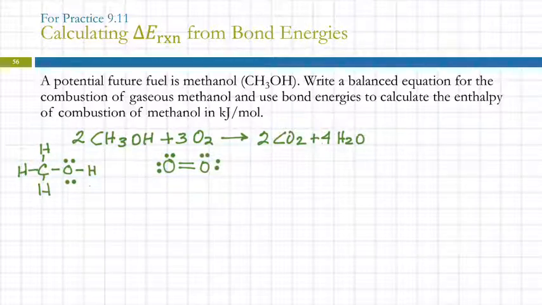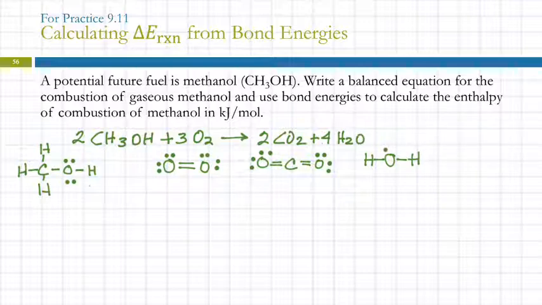And then over here, when we're looking at CO2, carbon in the middle, double bonded to oxygen on each side. And for water, oxygen in the middle, hydrogen on each side with single bonds, lone pairs on the oxygens.